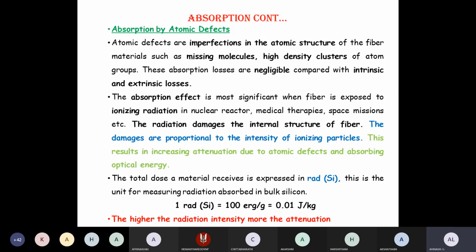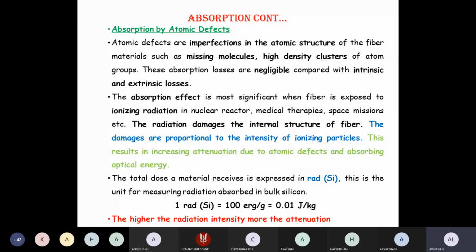When the internal structure is damaged, the damage will increase the attenuation due to atomic defects. That is exactly the meaning. If it is not getting damaged, then it is not a problem.